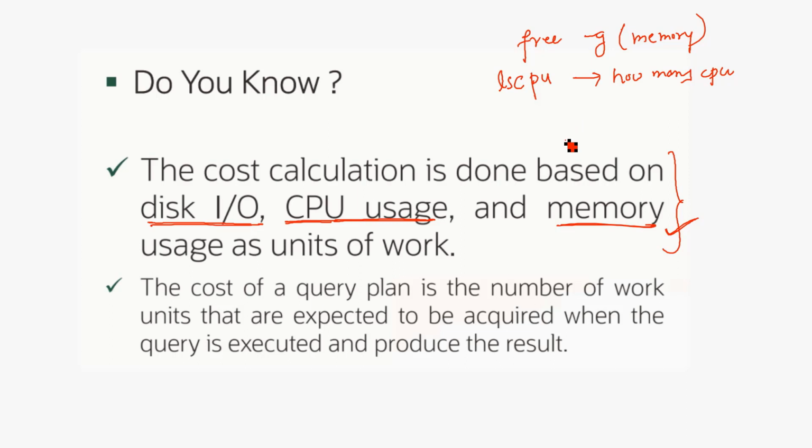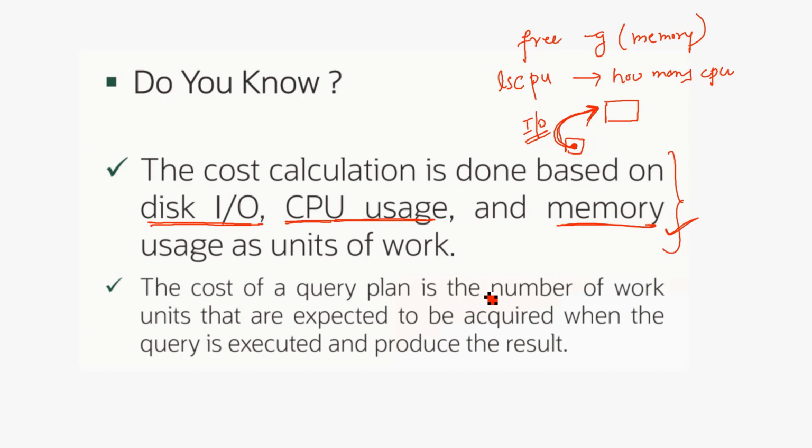How frequently are data blocks fetched from the data file on disk to memory? If a query is repeatedly used by a user and is always fetching the data blocks from disk to memory, it will do a higher amount of IO. If IO is happening, that means cost is also increasing. So remember, the cost calculation is based on these three aspects: IO, CPU, and memory.